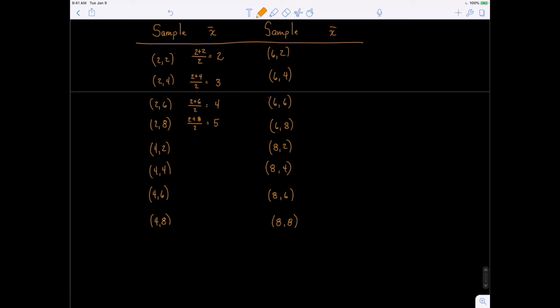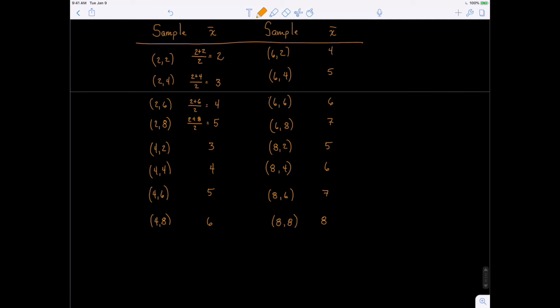So let's see, my next one became a 3, 4, 5, a 6. My next one became a 4, a 5, 6, a 7, and then my next one became a 5, 6, a 7, and an 8. Now, here's what we're going to do with this next.